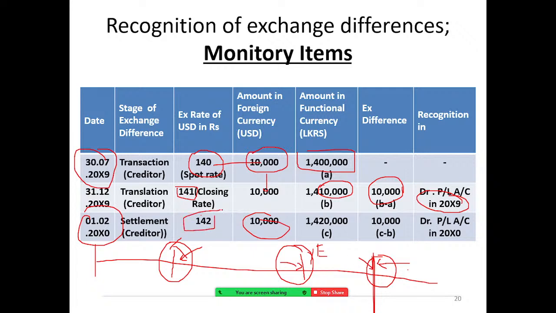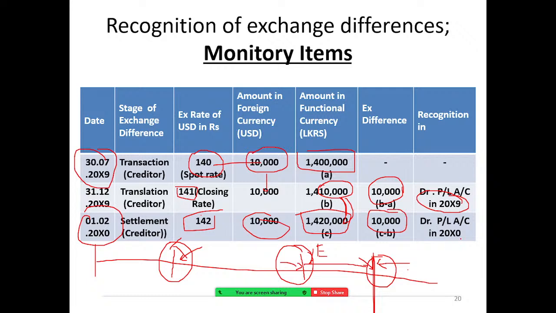So 142 into 10,000 equals 1.420 million. So again there is an exchange loss here, the difference between the year end date and the settlement date.